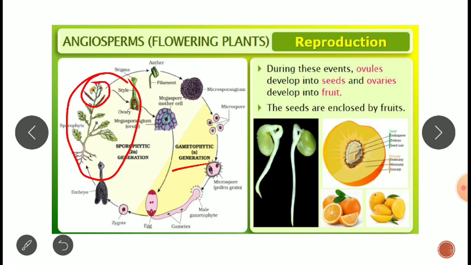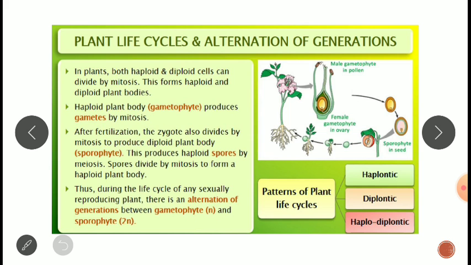Plus, we can see that when these flowers are formed, these are going to be totally depending on the plant. This is exactly opposite of the haplontic life cycle. So angiosperm is the example of the diplontic life cycle.